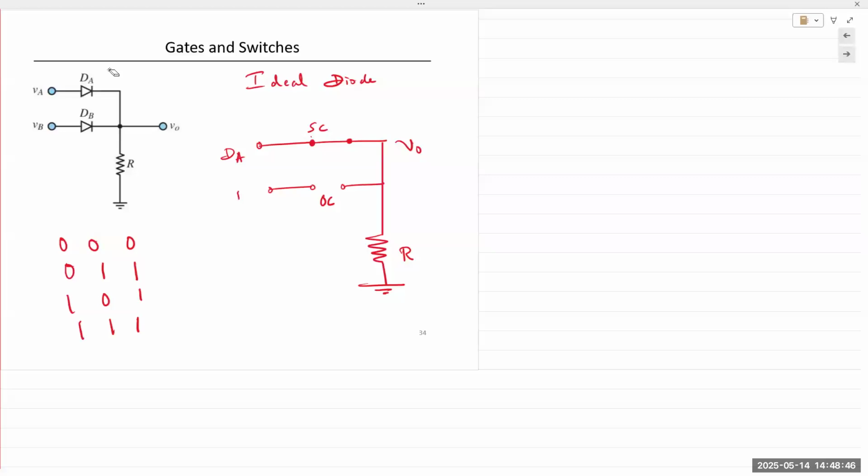If you apply 0, 0 at both anodes, the diode is off. Diode is off, V out is 0, connected to ground. But if you apply logic 1, meaning plus 5 volts, then the diode goes on. VO is equal to logic 1, or maybe plus 5 volts. So if either one of those diodes turns on, output is 1. So that is the most rudimentary and fundamental OR gate.